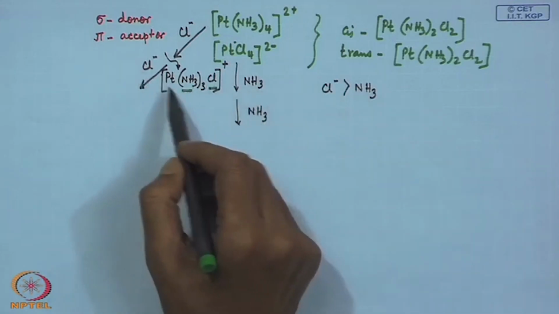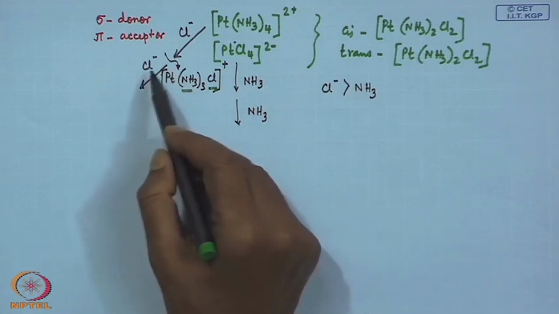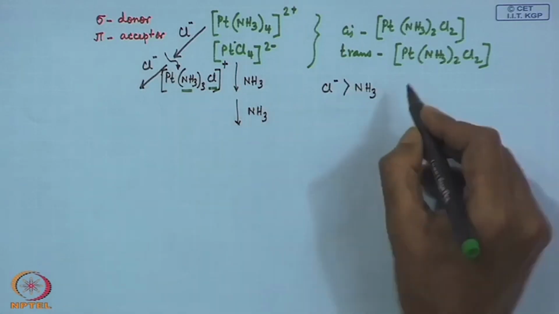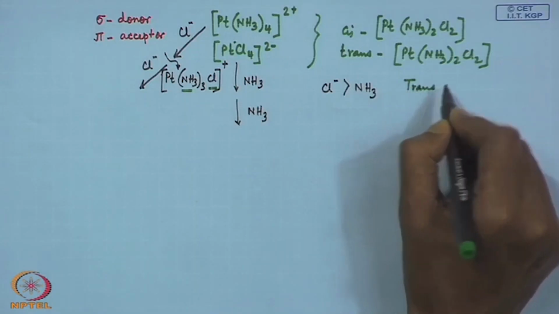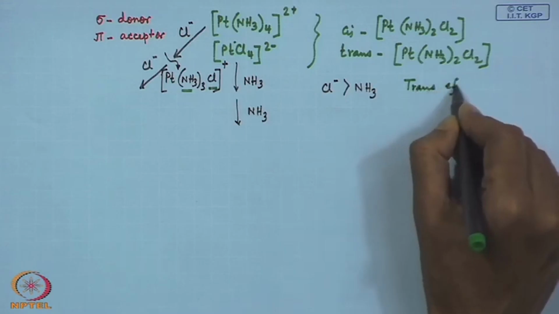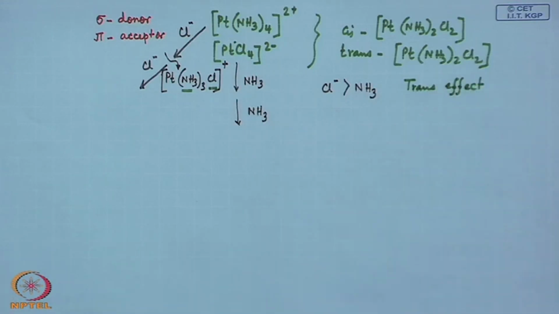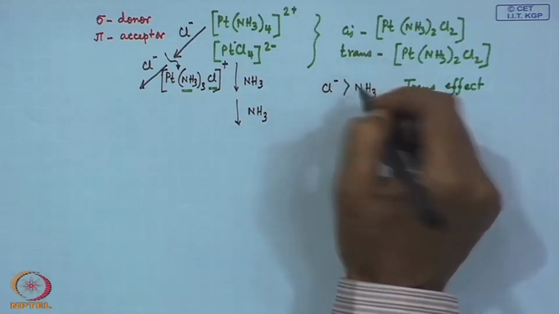So, in the second step, which group will leave the system for the attachment of the second Cl will be dictated by the trans effect, and this trans effect sequence, Cl⁻ greater than ammonia, will ultimately tell us whether we get the trans molecule or the cis molecule.